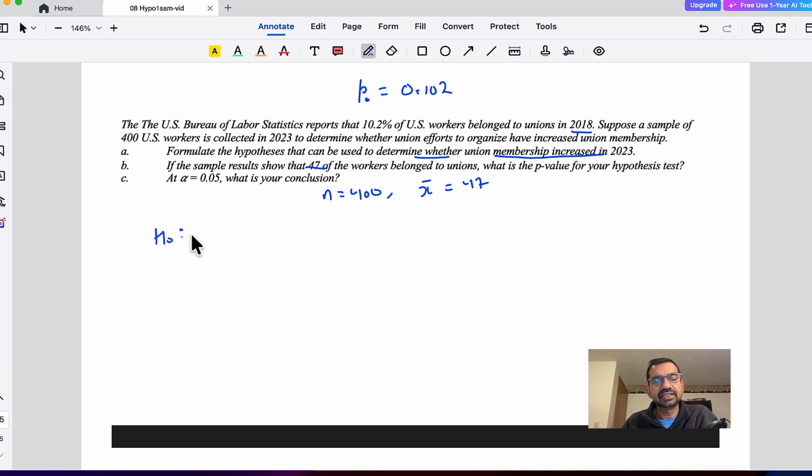So our null is that the union membership in 2013 is still the same as the national average, which is 0.102. Our alternative is that our membership has increased over time. It's more than 10.2%. So that's all the information we need to conduct this test and jump.